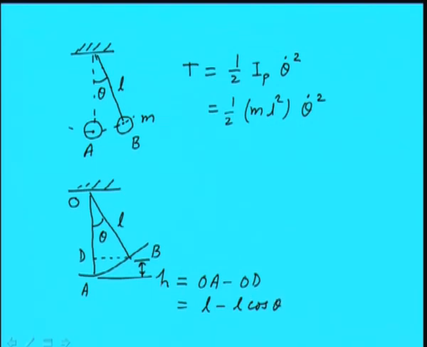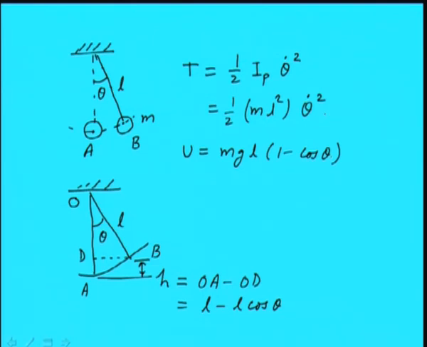So total height it has reached here is L minus L cos theta. So the potential energy of the system will be mgL(1 minus cos theta).